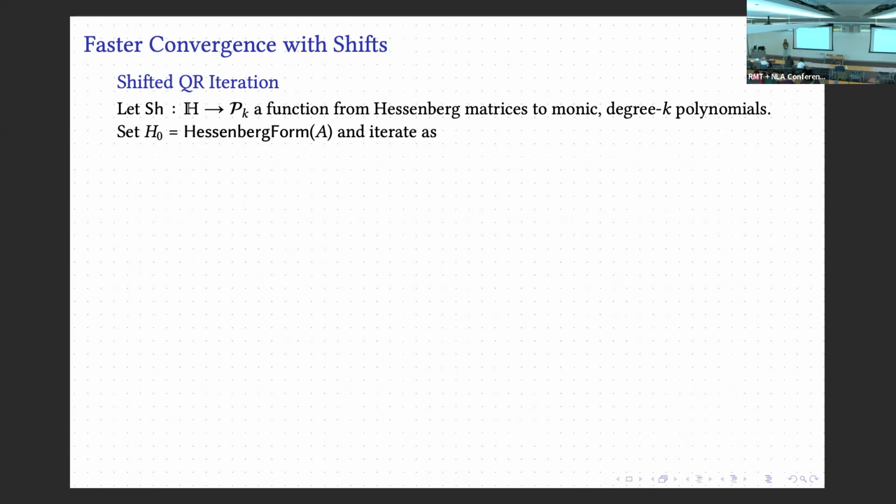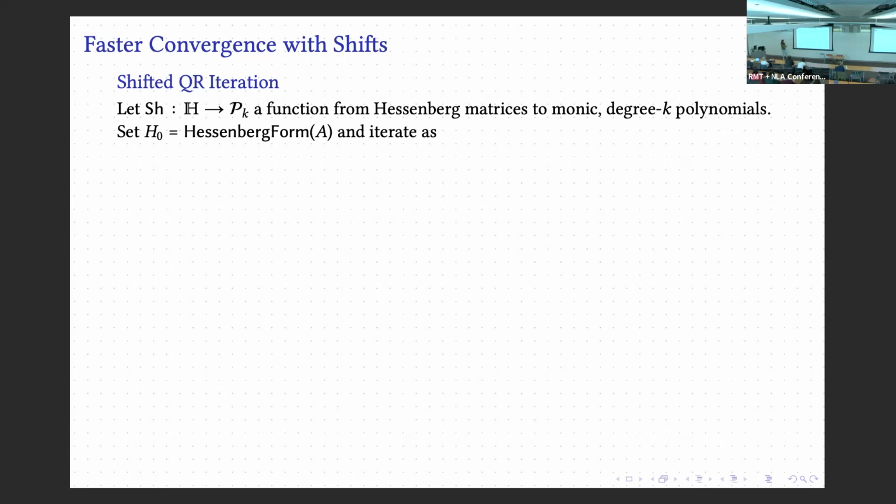If you want to change the ratios of moduli of eigenvalues, one thing you can do is just translate the matrix, right? That'll translate the spectrum. It'll take a unitary matrix to something with slightly improved ratios between its eigenvalue moduli. The problem is that you don't actually know what the eigenvalues are, so you can't ahead of time figure out a magical shift that will fix this issue.